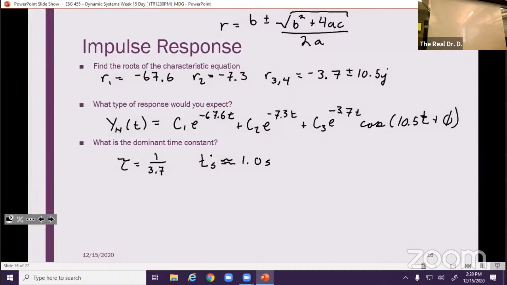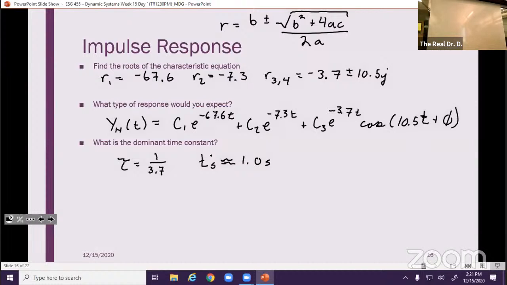The dominant time constant allows us to simplify this because the transients of these other parts go away so much faster in comparison to the dominant time constant that we're going to essentially neglect them for modeling purposes. We're not really going to do this by hand, but if you were doing this by hand and had to draw the response, this is how you do it.